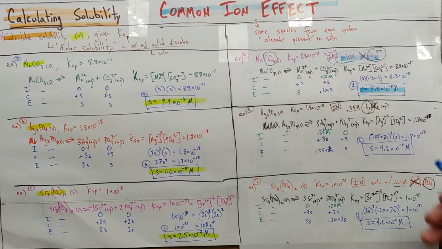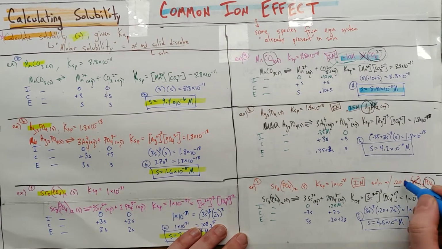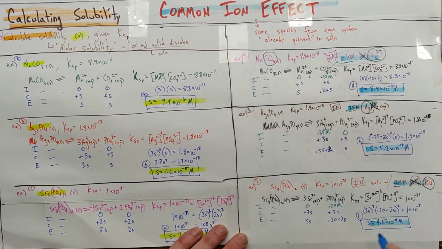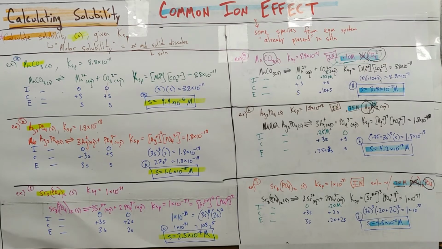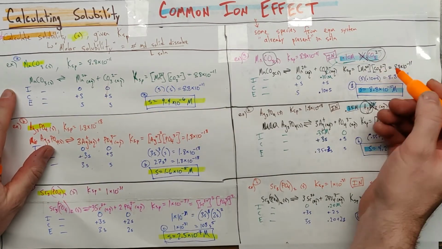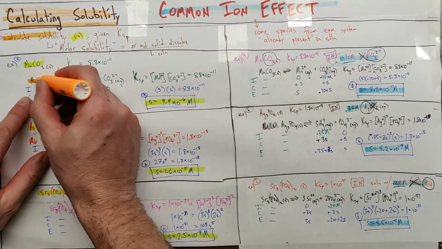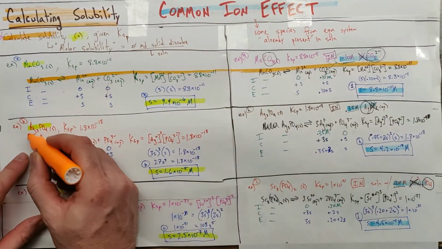All right, when we have this common ion, we end up decreasing solubility because we've already got stuff on the right-hand side of that expression, and so solubility goes down. It's harder to go in that direction. But everything else was the same. All that changed was that little bit of blue stuff, right? This was the same.